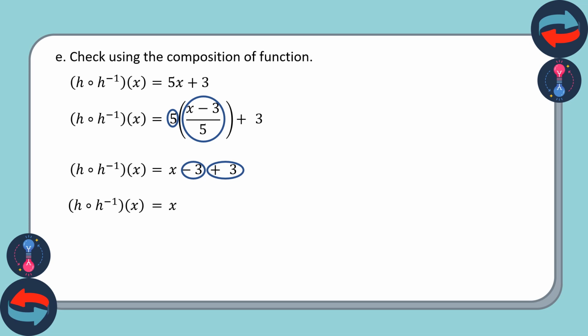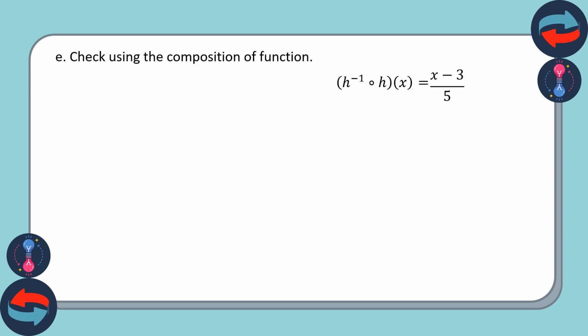We now solve for the inverse of h circle h of x, which is equal to the quotient of the difference of x and 3 and 5. We replace all x by 5x plus 3. So our function is now equal to (5x plus 3 minus 3) all over 5. We simplify first our numerator.